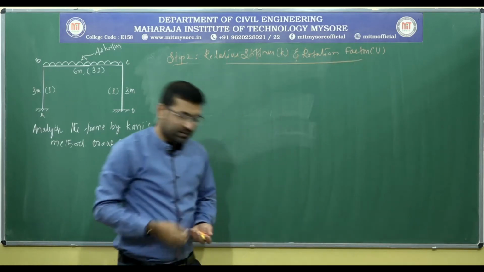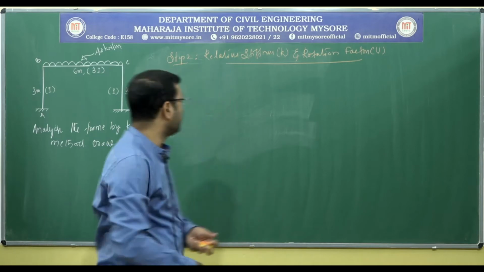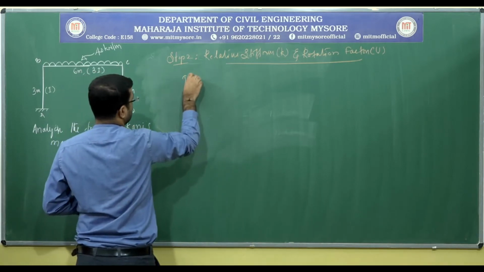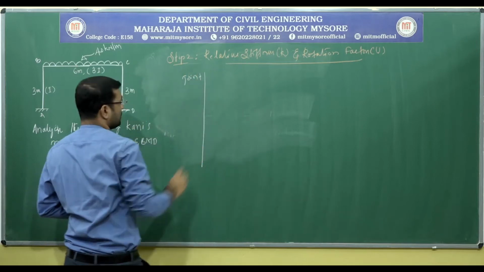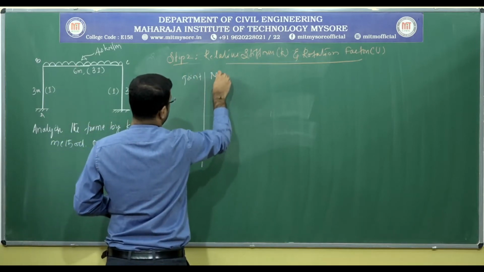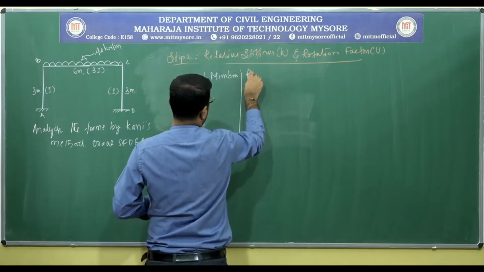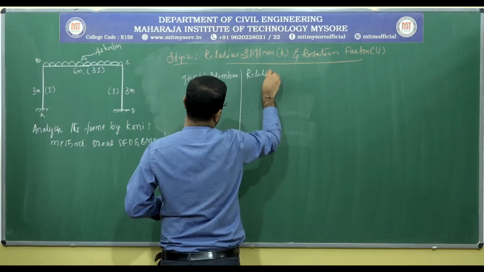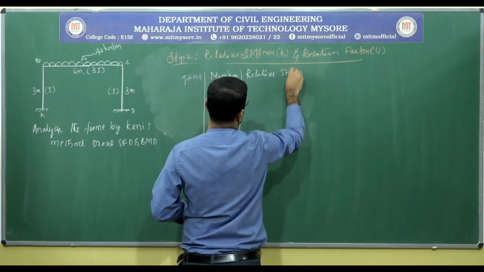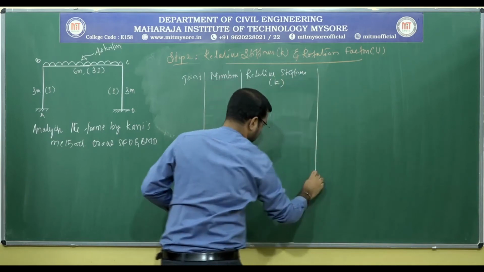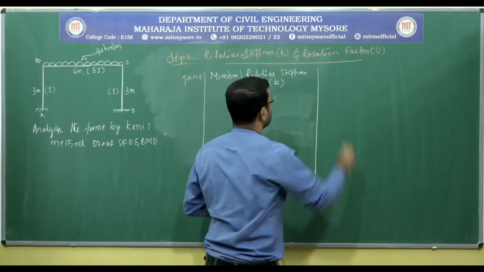For this, I need to prepare a table where we can calculate the rotation factors. First of all, we need to note down the joints, then the members, then work out the relative stiffness, that is the value of K, based on the far end condition of the member.